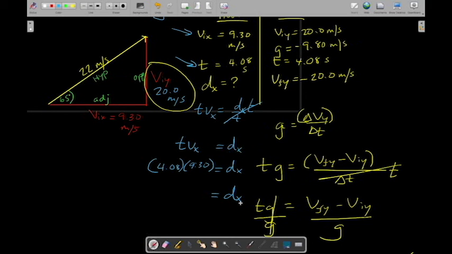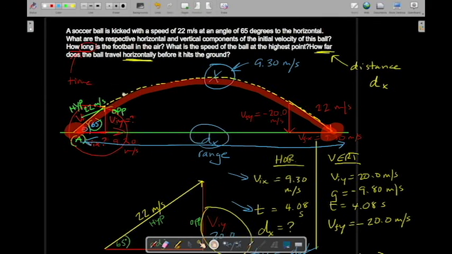So 4.08 times 9.30 turns out to be 37.944. So I'm going to just say 37.9 meters. And meters is the unit for distance. So this is how far the soccer ball has traveled when it was kicked through the air. So our final answer for our d sub x is 37.9 meters.